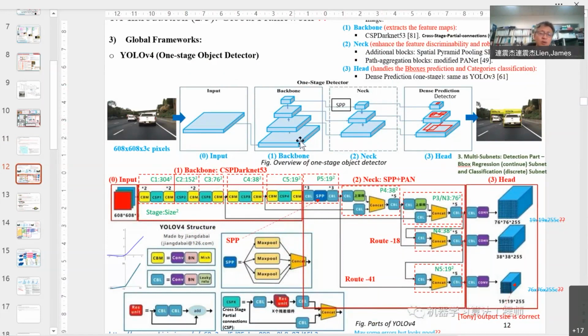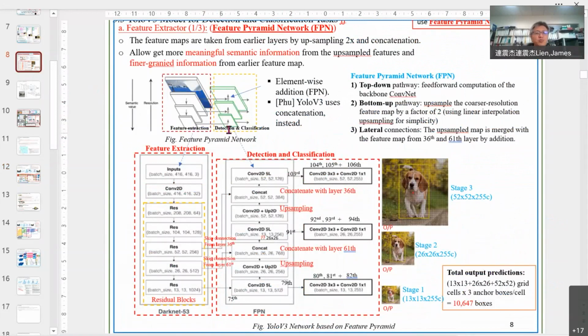One stage means there is an original input, and this is downsampling. But here, sometimes they confuse people. The original feature pyramid network or RetinaNet downsamples this way, upsamples this way, downsamples, upsamples. So what does it look like? It looks like a UNet.